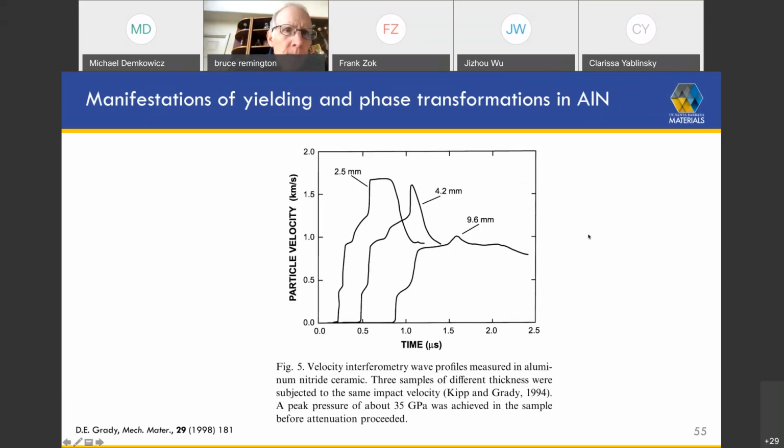So I can see there would be interest in materials like aluminum nitride, and I think boron carbide, other materials of that kind where there's some expectation of a phase transformation, which affects, if you like, the plasticity under very high pressures. That's the only feature that I think you can start to tease out going to extremely high pressures.